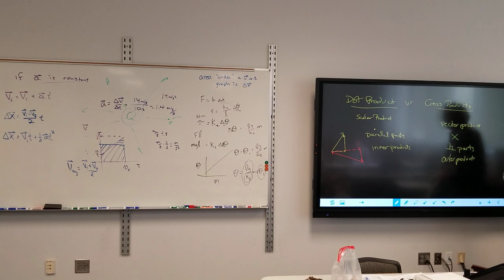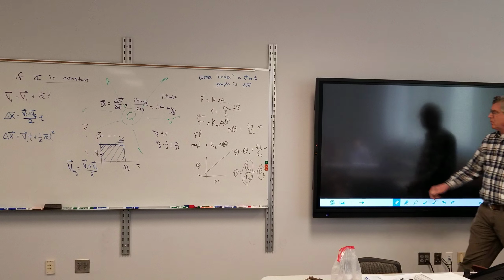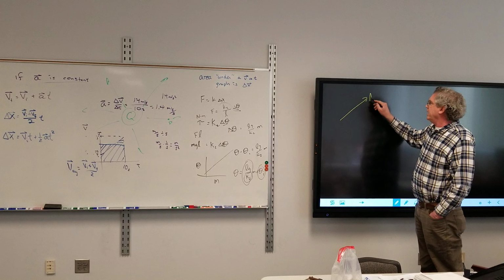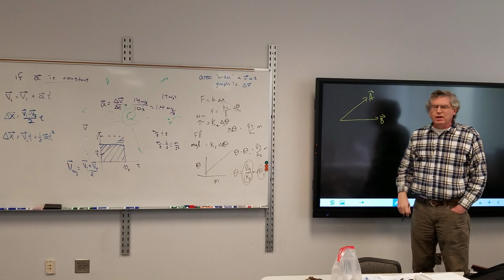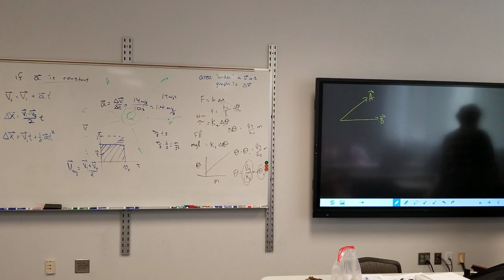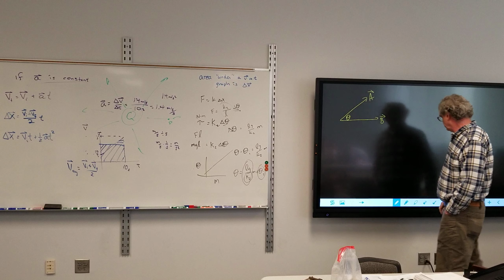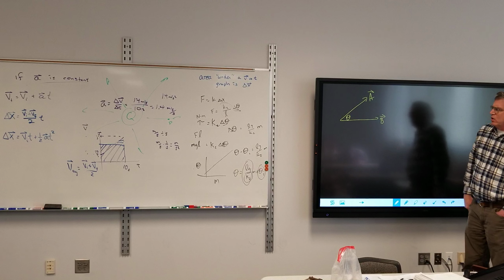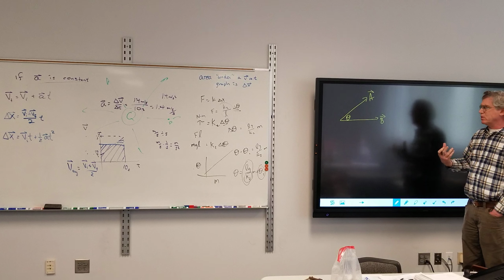All right, let's talk dot products more specifically. If I have a vector here, A, and a vector here, B, I want to multiply parallel parts. I have some angle between them, theta. And so I'm going to take one of my vectors, and it doesn't matter which one, and break it up into its components.